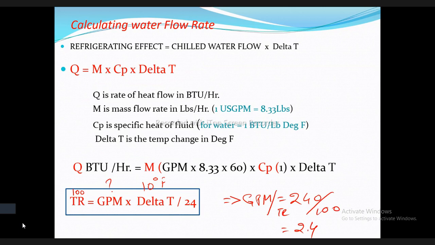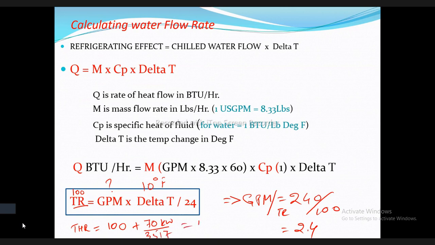Okay. So once you have done this, now you have to find out the condenser flow. In the condenser, this TR becomes THR, total heat rejected. That is this 100 TR plus whatever is consumed by the compressor. So it was 70 kilowatt. I will have to convert the 70 kilowatt into TR, so that is divided by 3.517.